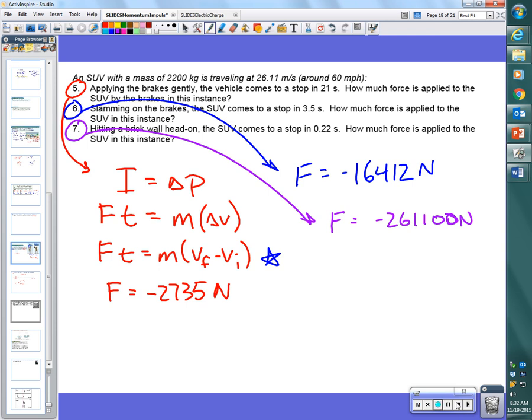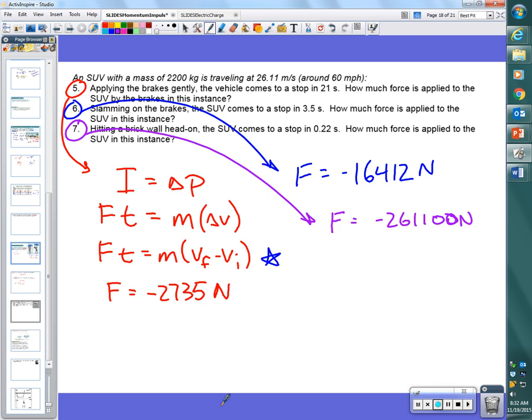Yes? For red or for blue? Red? Okay. This is 2200, right? And then initial velocity. Did you put in 60 or did you put in 26.11? Multiply those two together, right? And divide by 21.